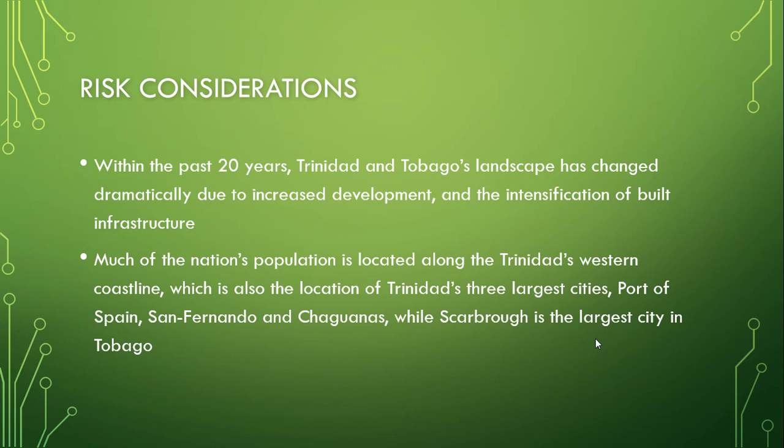For example, we have Port of Spain in the northwest, Chaguanas just south of that, also along the west coastline, and then San Fernando to the south, also along the western coastline, with Scarborough in Tobago being the largest city there. So clearly we can see a pattern of human development concentrated in the west and also in the north of Trinidad, along the east-west corridor.